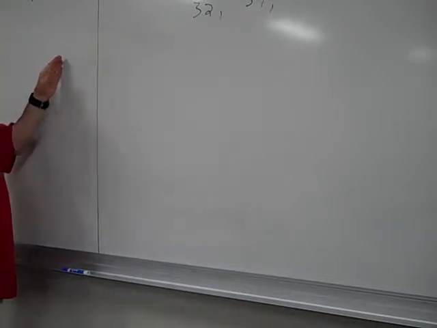But if the main logical operator on the whole statement is a conditional statement that says, if the left, then the right, that is logically equivalent to saying, if not the right, then not the left.